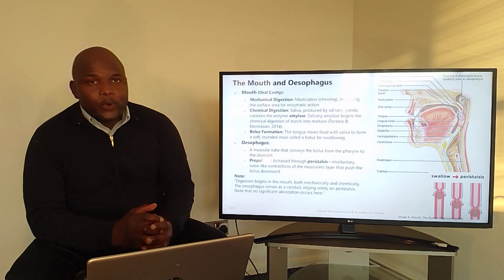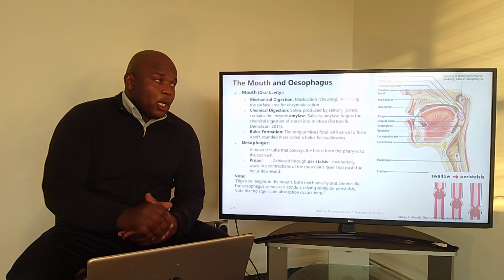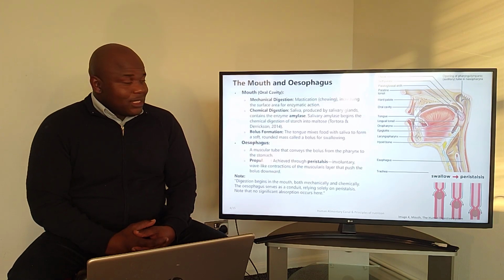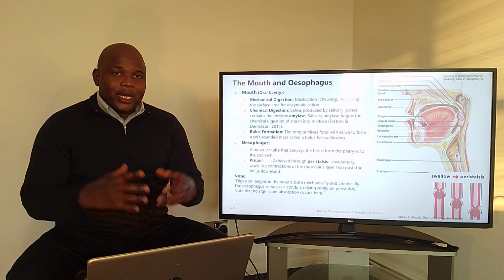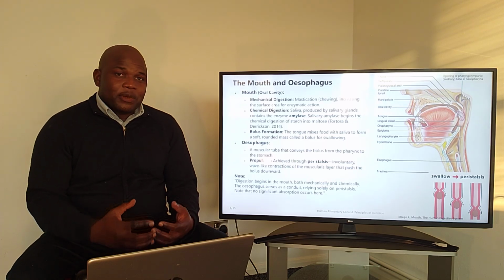Okay, we're starting with the mouth. The moment we take food into our mouth and start chewing it, we have already started digestion. That is called mastication, and we are increasing the surface area for enzymic action to take place.